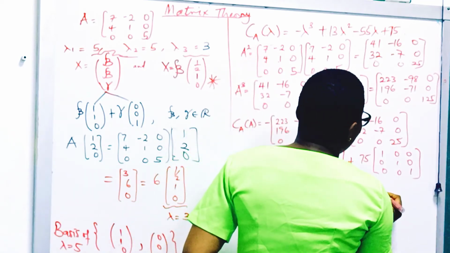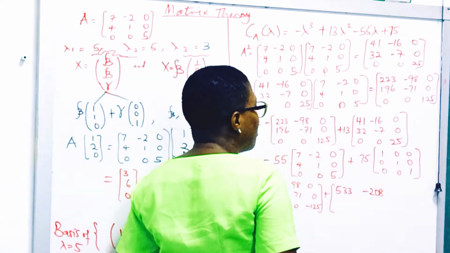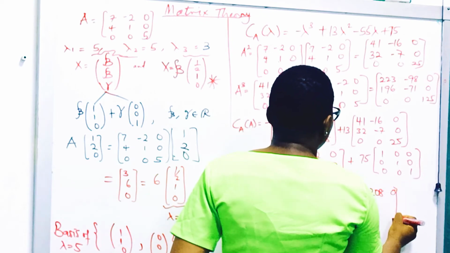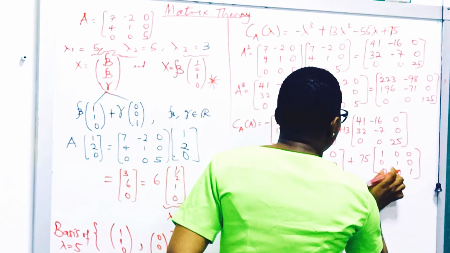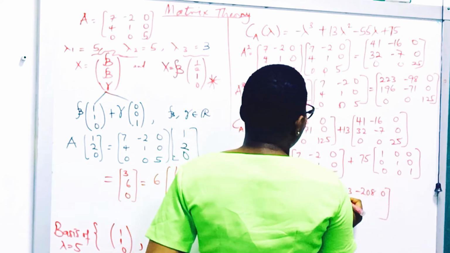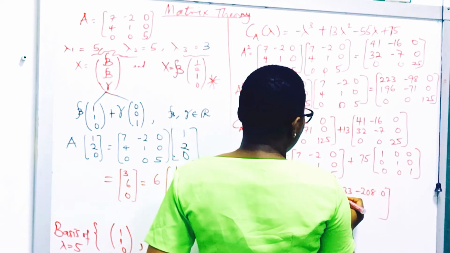Any small mistake and we start again. 0, 416. Minus 208, 0, 4, 416.